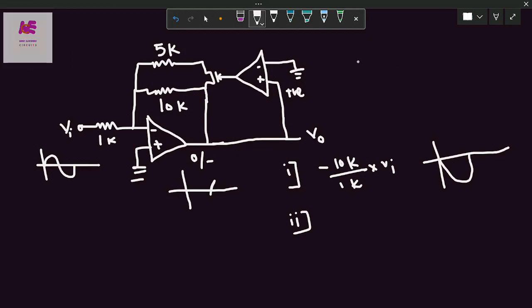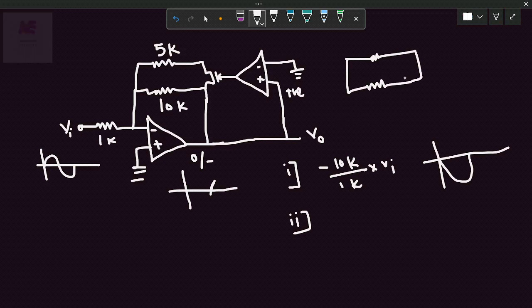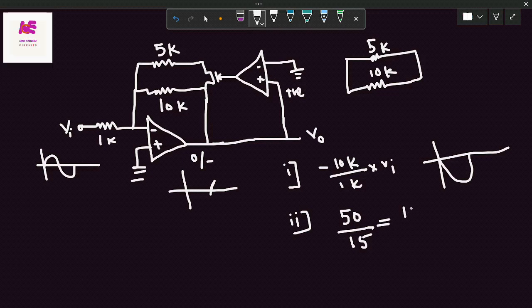In this case, we are getting two resistances in parallel because the MOSFET will be in the saturation region. So the 5K resistance will come into the picture, and we need to take the parallel combination of the 5K resistance and the 10K resistance in the feedback. So now the gain will be changing here. After taking the parallel combination of 5K and 10K, we get 50 divided by 15, which after solving gives 10 by 3K.